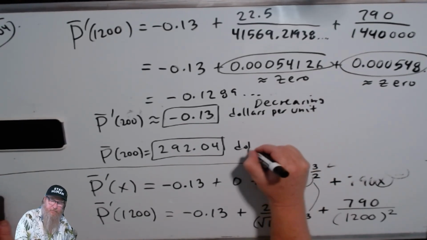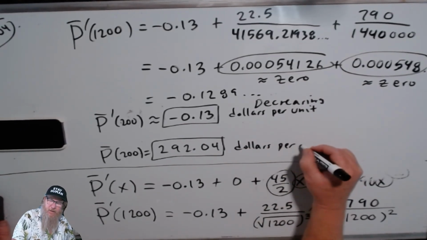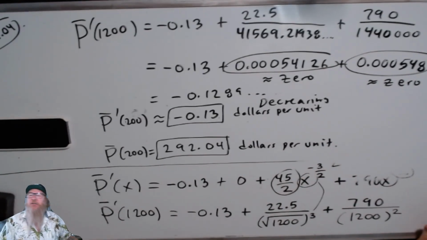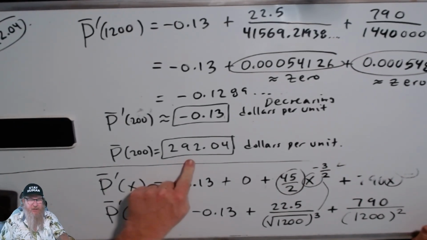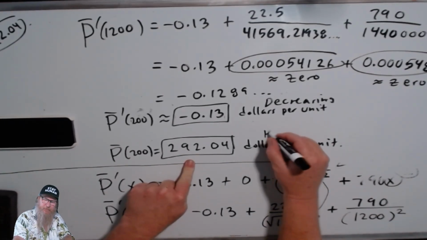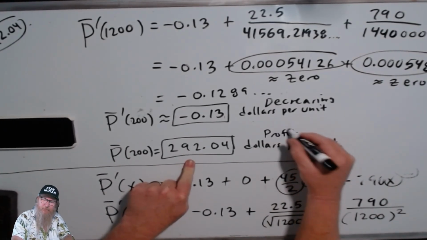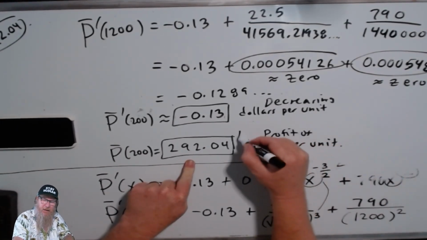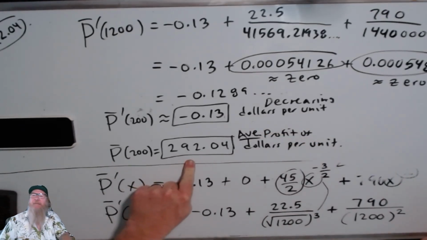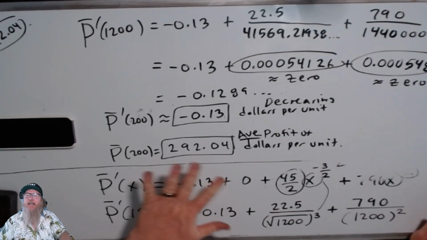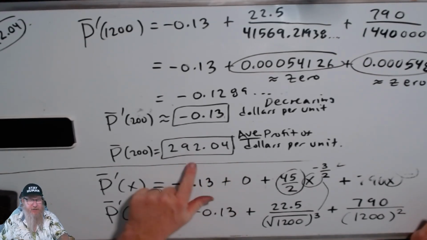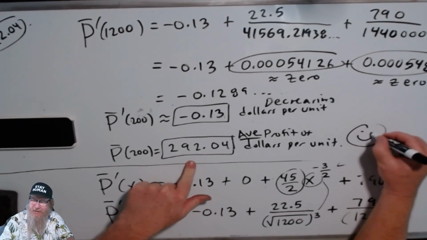For the average, you don't say increasing or decreasing. You just say it's a profit. Average profit. So it's not increasing or decreasing. It's just that's good.